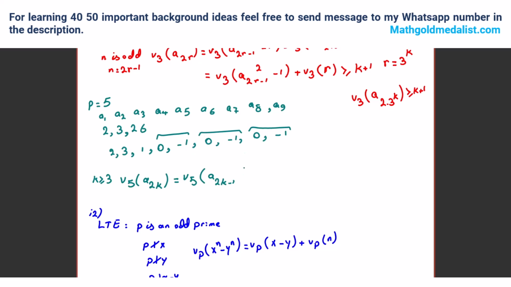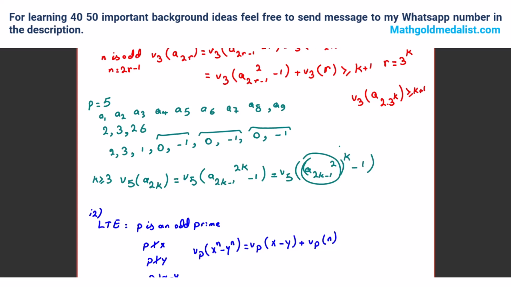The previous one is negative 1. a 2k squared, to the 2k minus 1. And because we know a 2k minus 1 is negative 1 from this one, we can say v5 of a 2k minus 1 squared, k minus 1. Now we know it is 1.